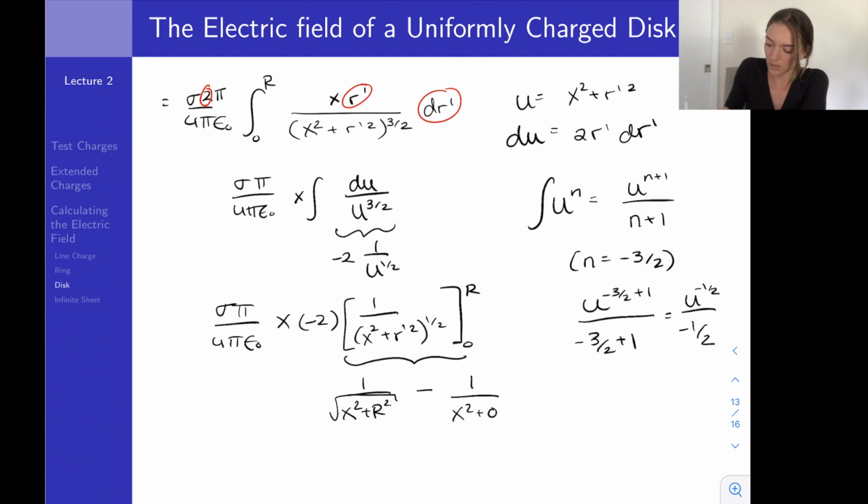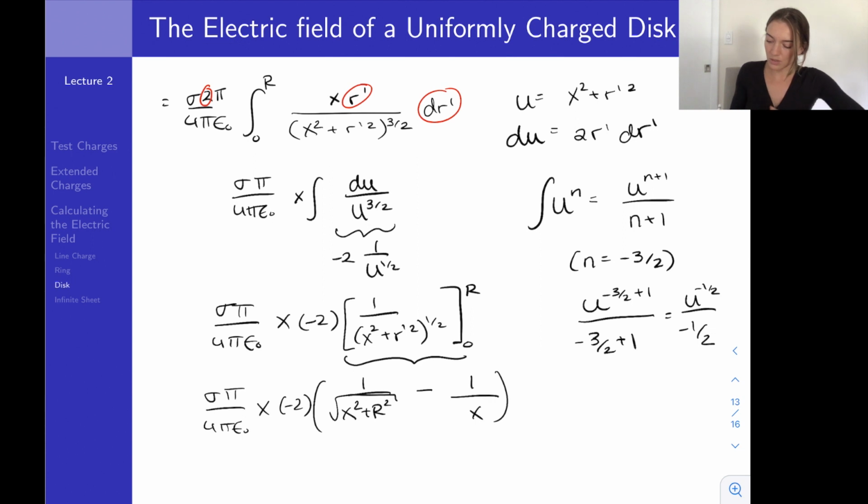So I just have 1 over the square root of x squared, which is just 1 over x. So I've just got 1 over x there. And now I've got all of these constants I can worry about. So we have sigma, pi, 4 pi, epsilon naught, we've got x, and we've got a negative 2.